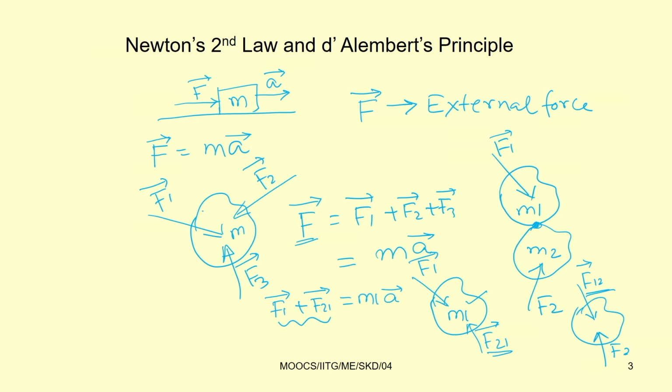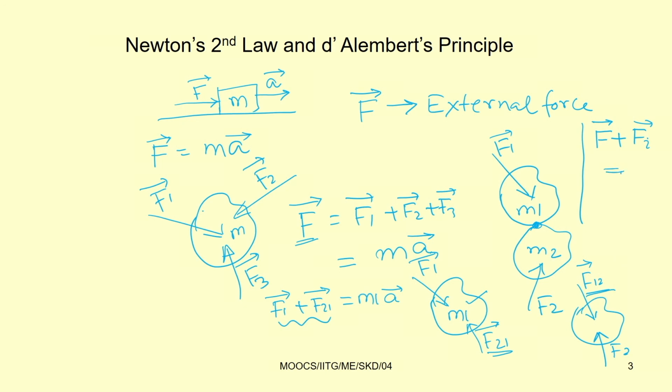So, let us see what we mean by D'Alembert principle. You can write the D'Alembert principle as F plus Fi equal to 0, where F is the external force and Fi is the inertia force.